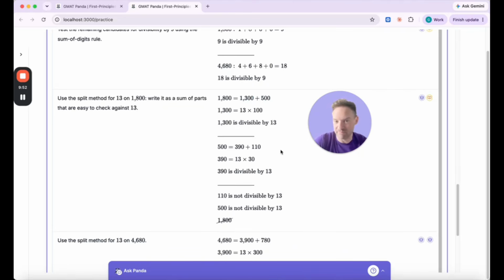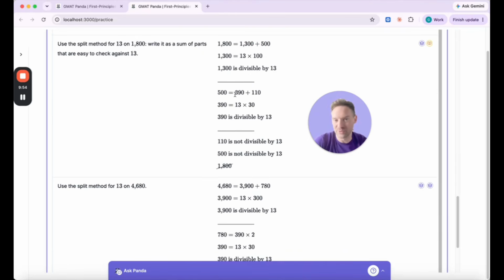Then I check if that number is divisible by 13. And I could try it again, right? I could use the split method and this time choose 390 and split it between 390 and 110. Why 390? Because I know that 13 times 3 is 39, and then times an extra 0, or 30, would give us 390.